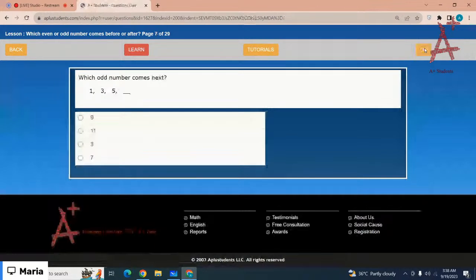Which odd number comes next? Which is the correct option? Very good. That would be 7.